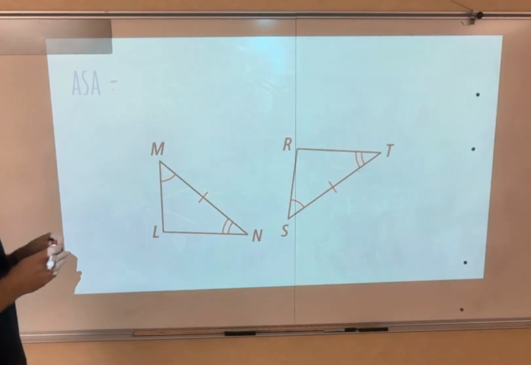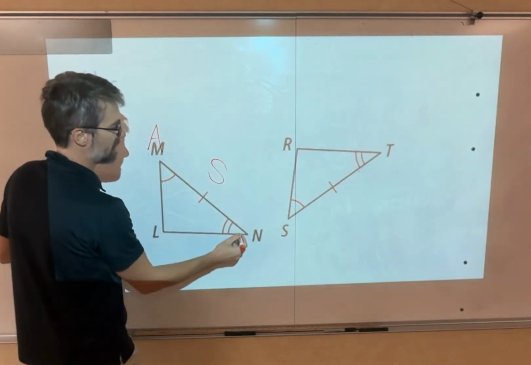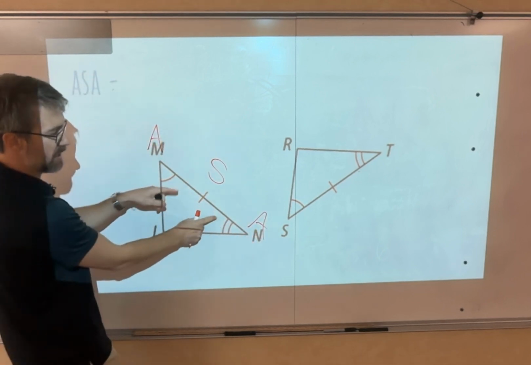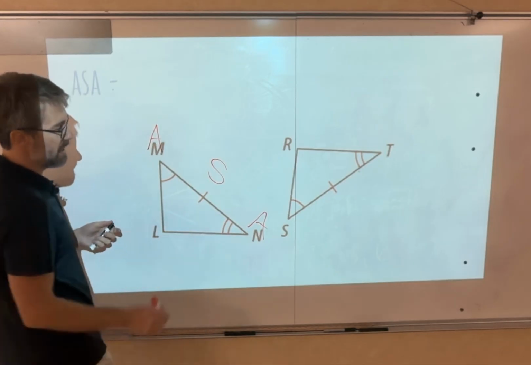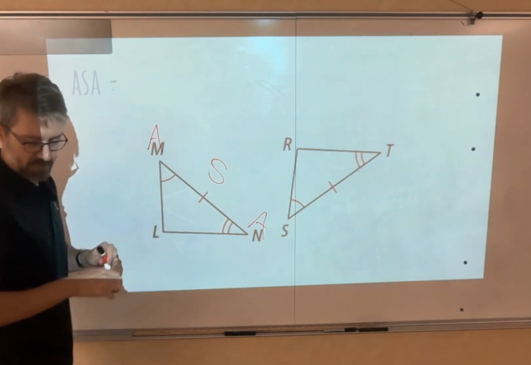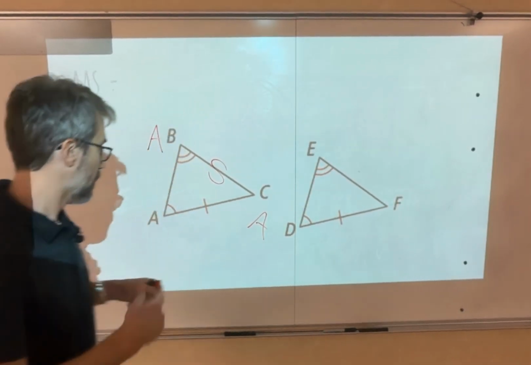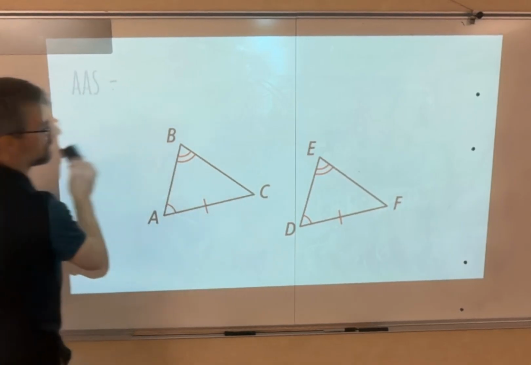And again, think about the order here. I've got an angle here, I've got a side here, and I've got an angle here, and everything is in order. There's not another side in between or anything like that, or another angle in between. It's in order, angle, side, angle. We can also do angle, angle, side, right?